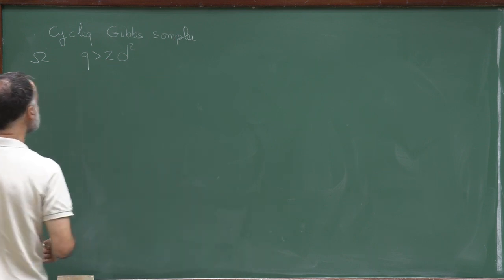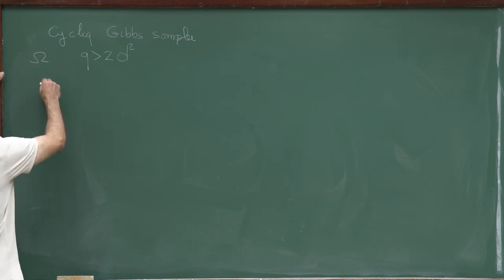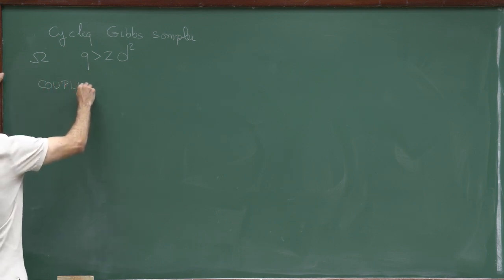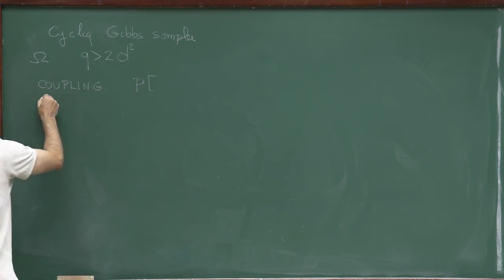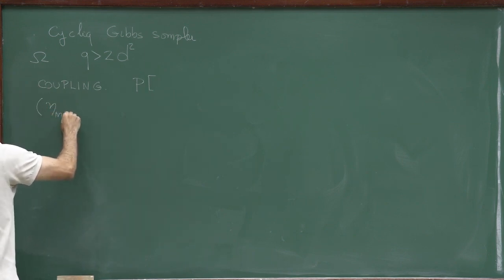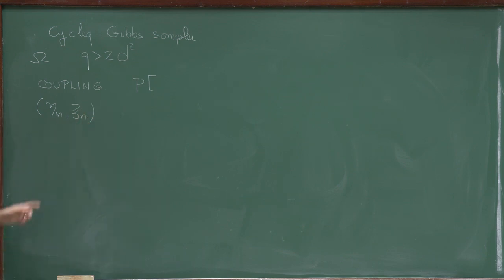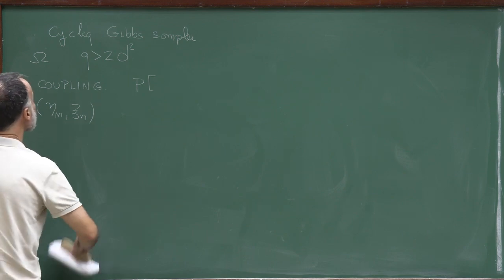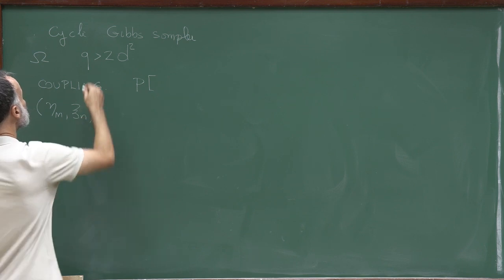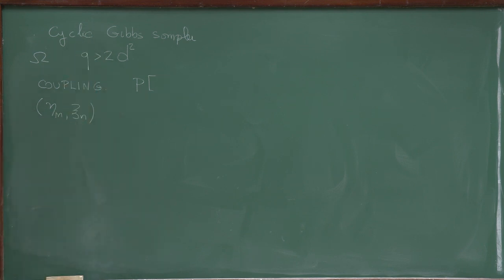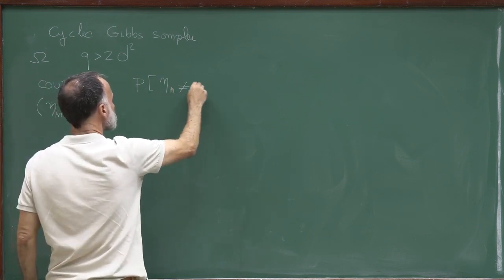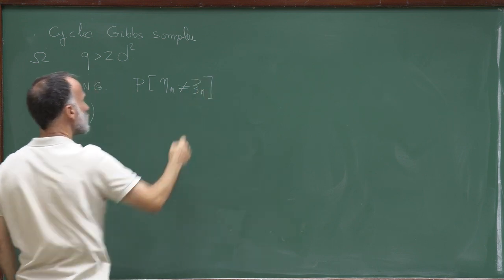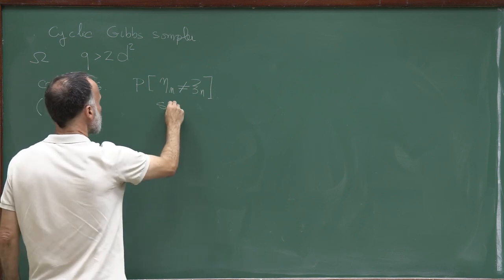And what I want to do is define a coupling, a pair eta n and psi n, so that the first one evolves as the cyclic Gibbs sampler, as well as the second one, and I want to minimize the probability that they are different. So I want that to be small for n large.